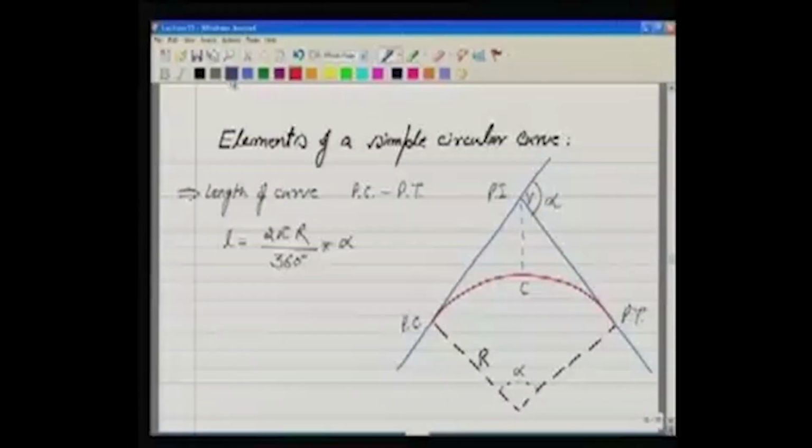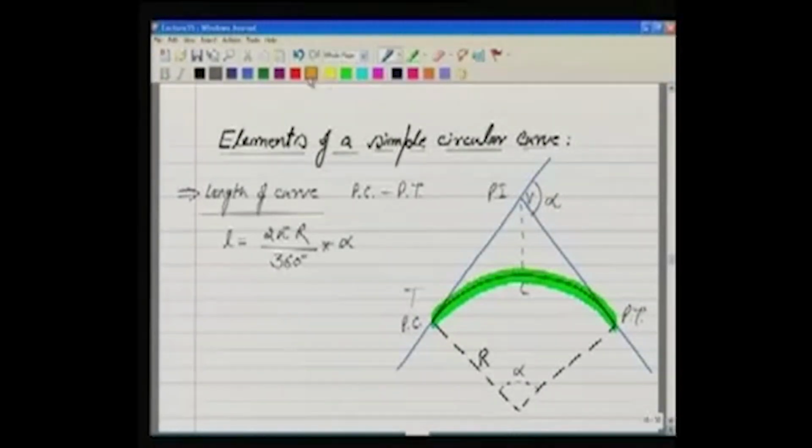Well, some more terms here, and these are, we say, elements of a simple circular curve. What are the elements? The very first element is length of curve. As we know, the length of curve is from point of curve to point of tangent. These two points, point of curve and point of tangent, are also shown by T1 and T2.